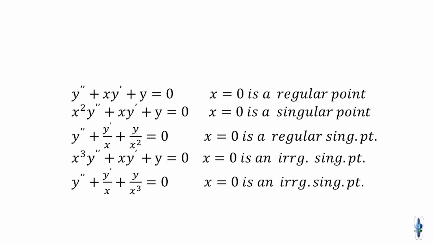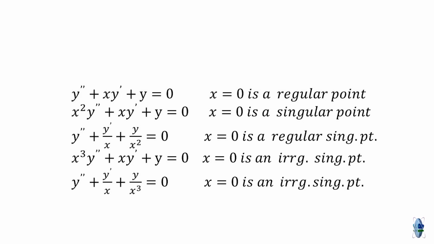And so you have got a 1 by x, a 1 by x square. At x equal to 0 there is an issue. So we call it a singular point. But then if you multiply x with x and x square with x square, you get a function which is analytic, which means that the function exists and the derivatives exist. So therefore that is a regular singular point.